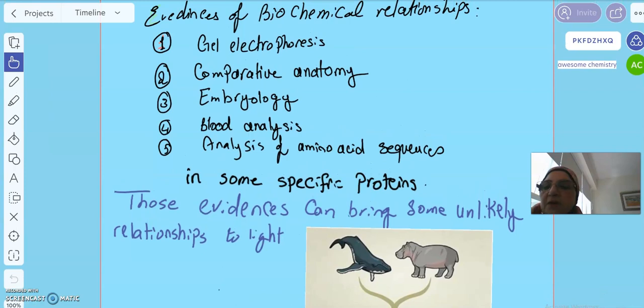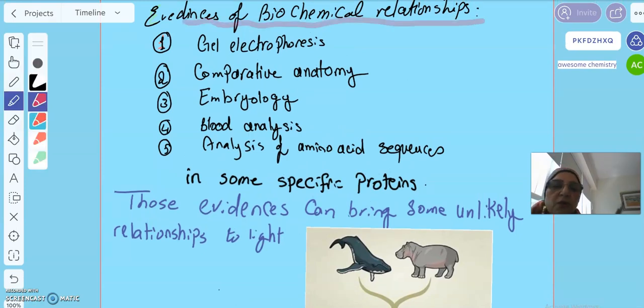Evidences of biochemical relationships. Now you understood what I mean by biochemical relationship. Biochemical relationship is to look for the similarities or relationship between living organisms based on biochemical analysis. Biochemical analysis means analysis of chemical structures in the living organisms, like DNA, RNA, or protein amino acids.